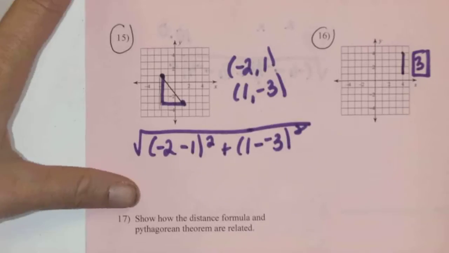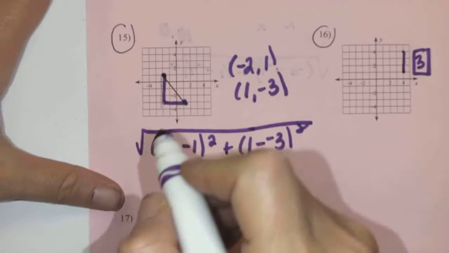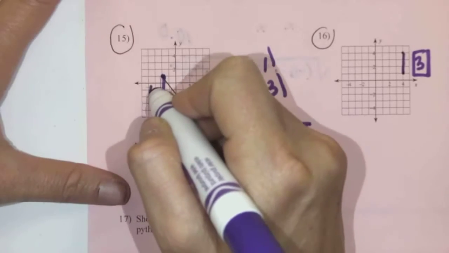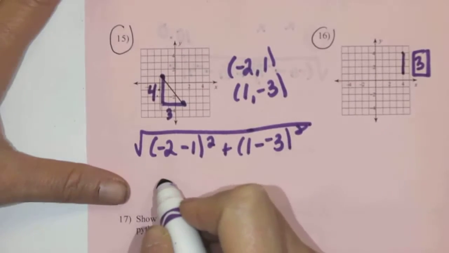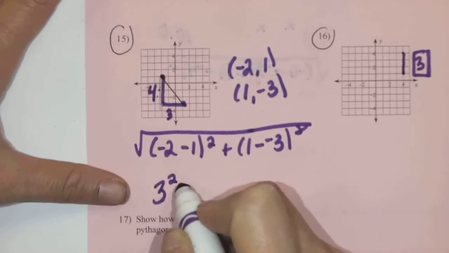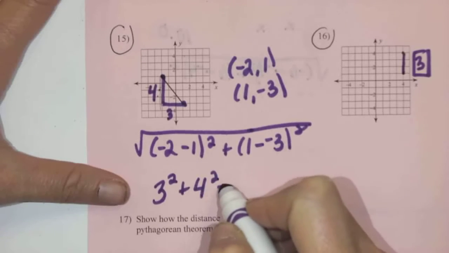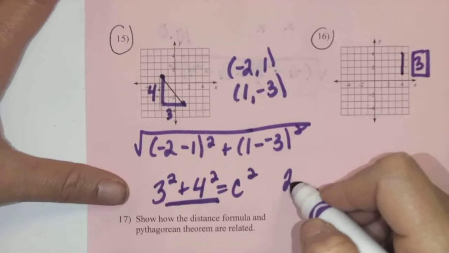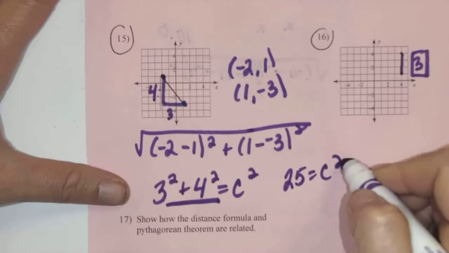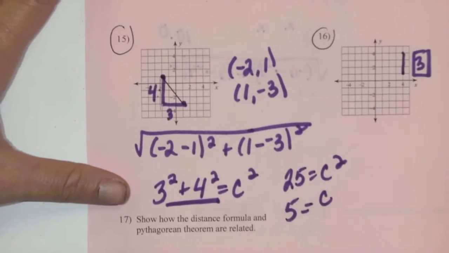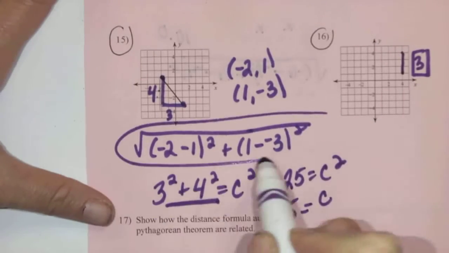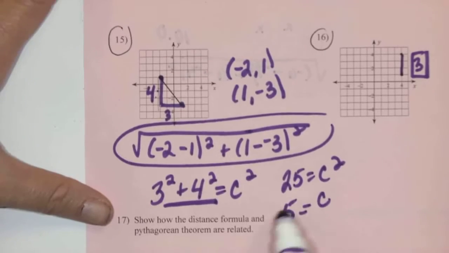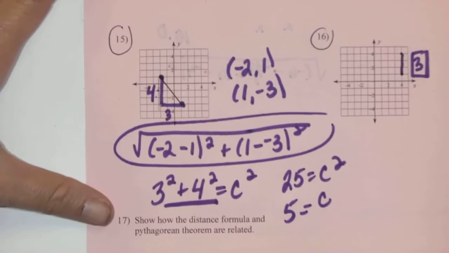Either way would be fine, because that's where the distance formula comes from. This side is 3 blocks long. This one's 4. 3 squared plus 4 squared equals c squared. These two together give you 25. So c is 5. So you may either use the distance formula, which you would need the endpoints, or you could use Pythagorean theorem by creating a right triangle.